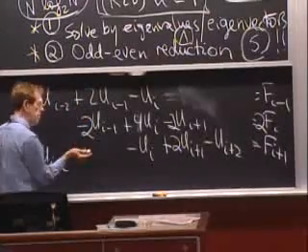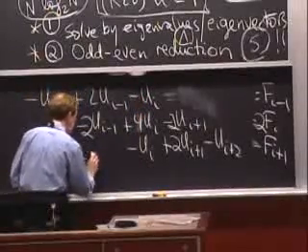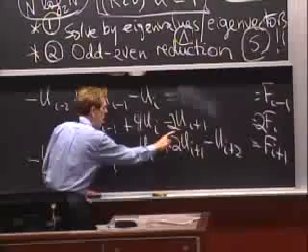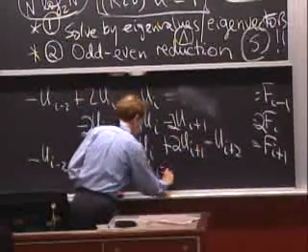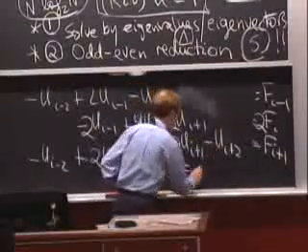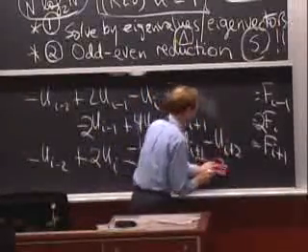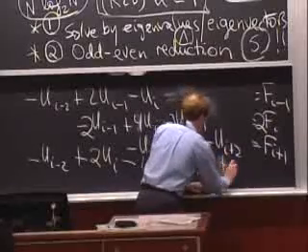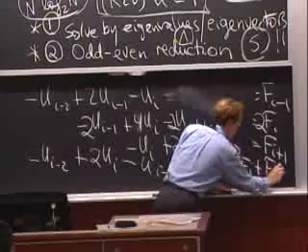These cancel, that was the point, plus 4 minus a couple, so that's 2u_i, minus u_{i+2}, is that sum f_{i-1} plus 2f_i plus f_{i+1}.